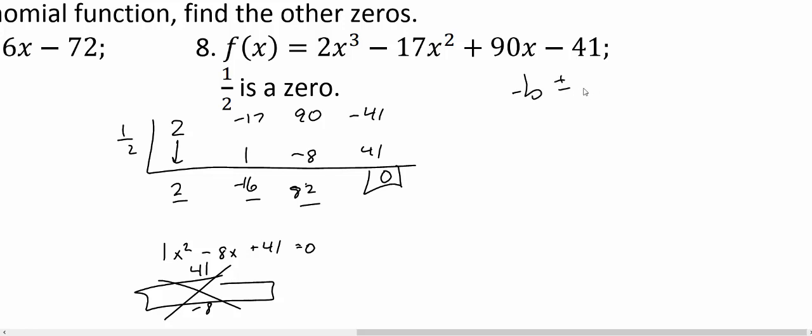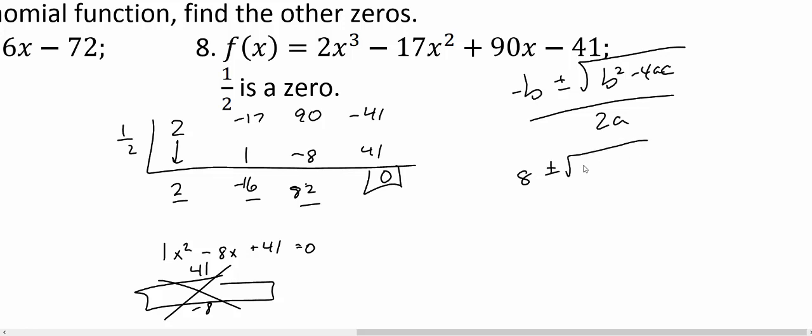Negative b plus or minus the square root of b squared minus 4ac, over 2a. So negative b is going to be 8 plus or minus the square root of 64 minus 4 times 1 times 41, over 2 times a, and 2 times a is 2, okay?